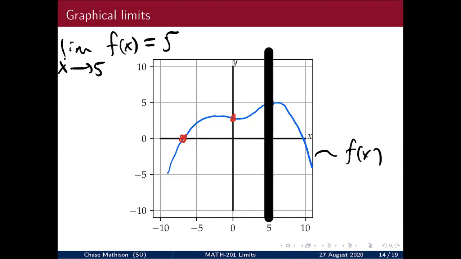Before, in old classes, people at home can't see it, but I would cover up the chalkboard with my body, and this is much better to do. Are there any questions about why this limit is +5 and not -5?